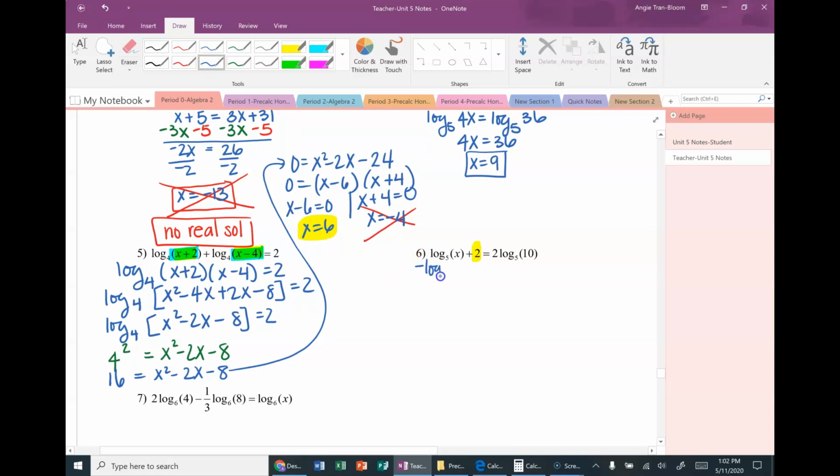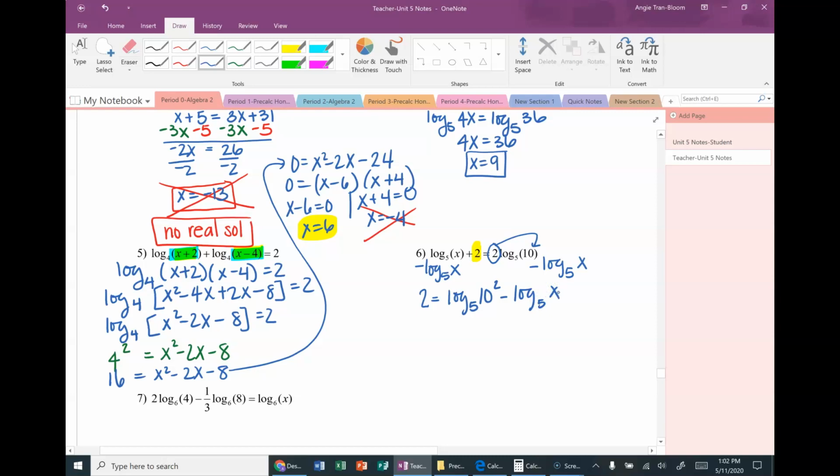So subtract log base 5 of x to the right, or you can move the 2 log base 5 of 10 to the left. It doesn't matter. So from here, you have 2 equals, that's a coefficient.